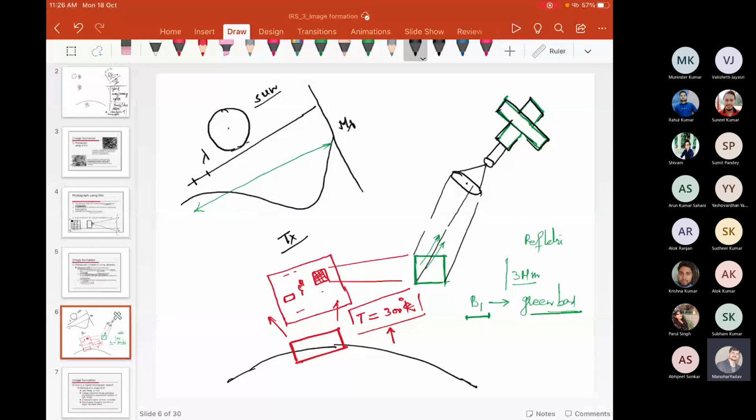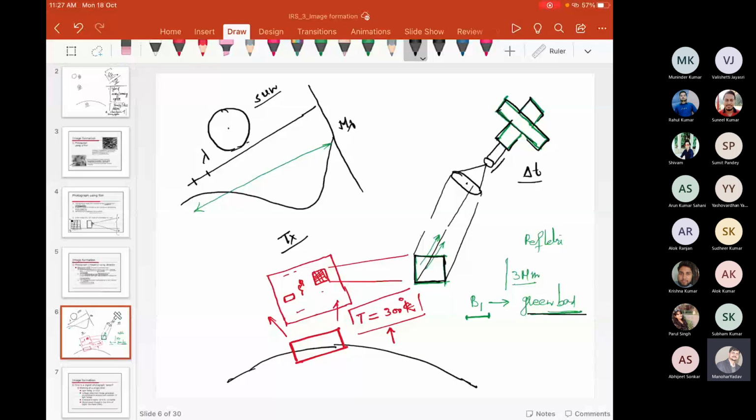Let's say we call it delta t. For delta t time, one ground resolution cell is sensed by this sensor, which is designed to sense the energy in the green band.